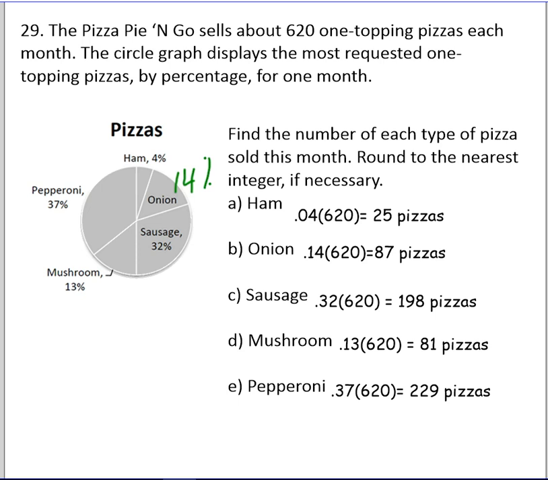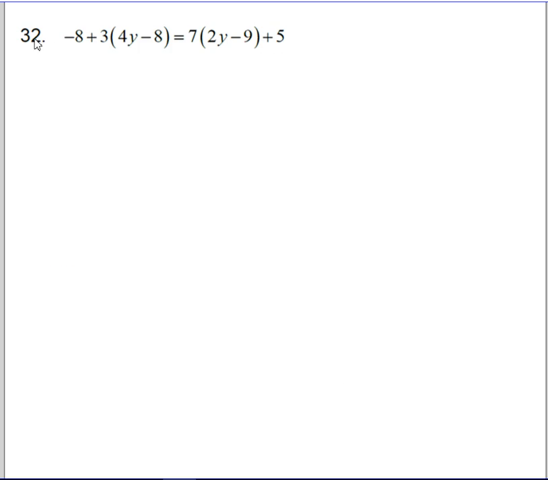Now let's look at an equation for 32. Notice we have parentheses on both sides that we need to get rid of. Order of operations tells us to get rid of our parentheses first. So the 3 will get distributed on the left and the 7 on the right. Our -8 drops down.